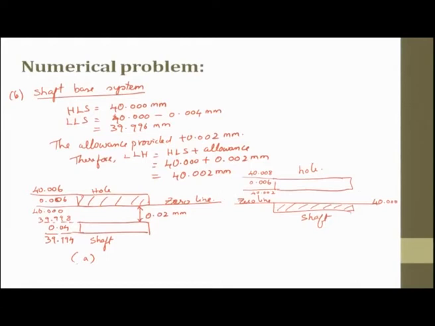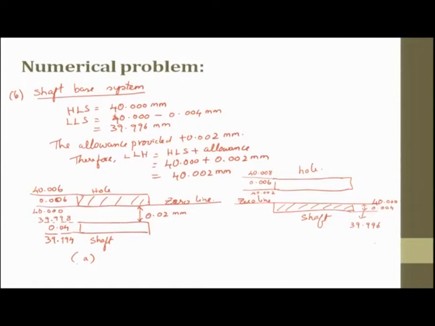And here in the shaft based system, this is going to be 39.996 millimeter and this difference is 0.004 millimeter.